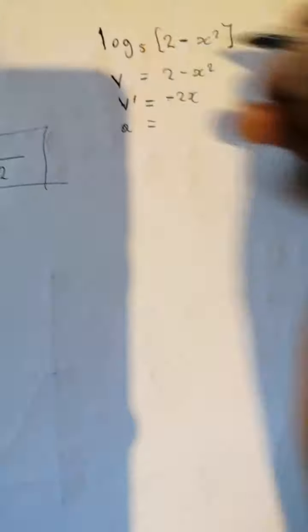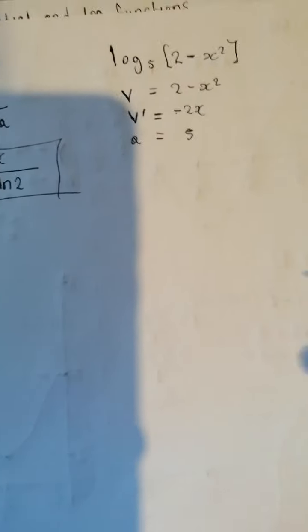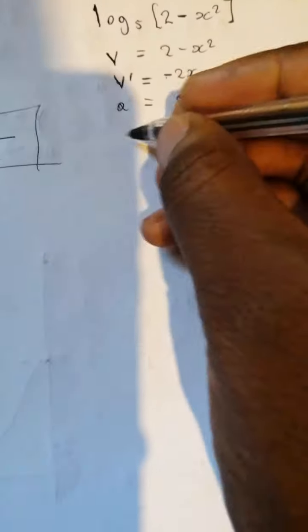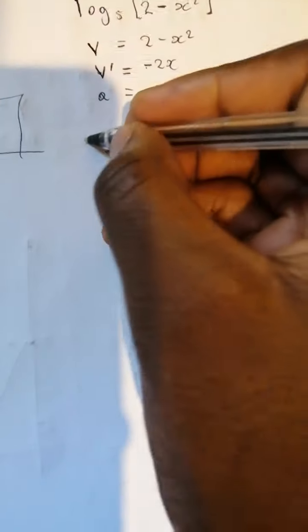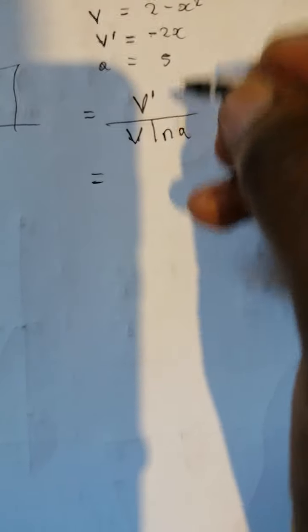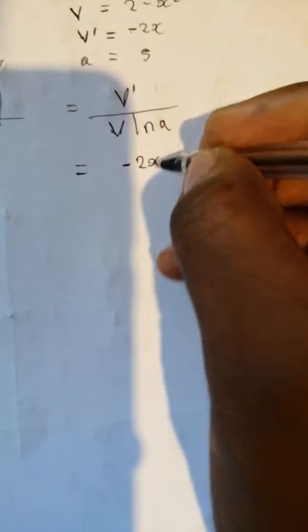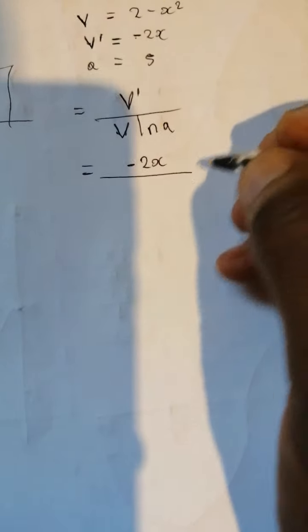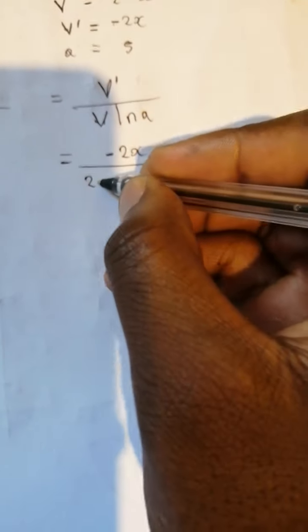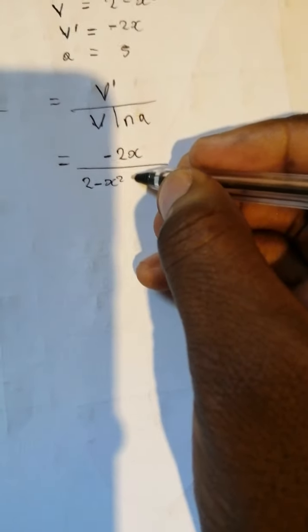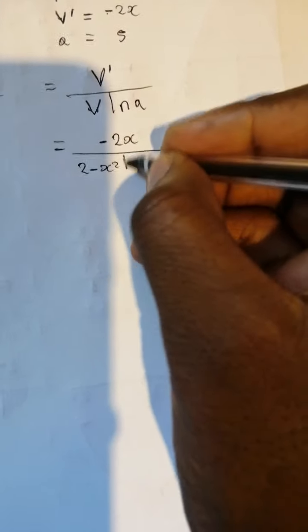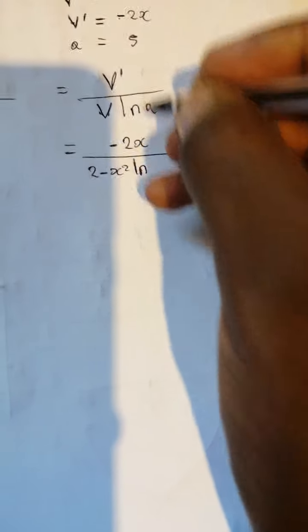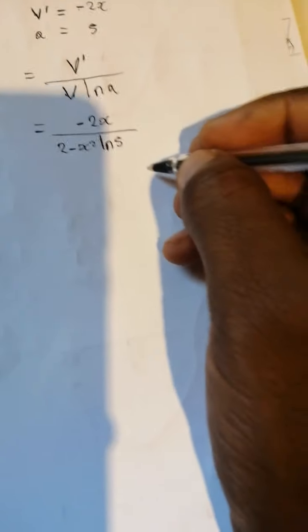The base a is equal to 5. Now that we know all this, let's replace in the formula, which is v prime over v ln a. v prime is negative 2x over v, which is 2 minus x squared, and then we have ln a, where a is equal to 5. So this is therefore our answer.